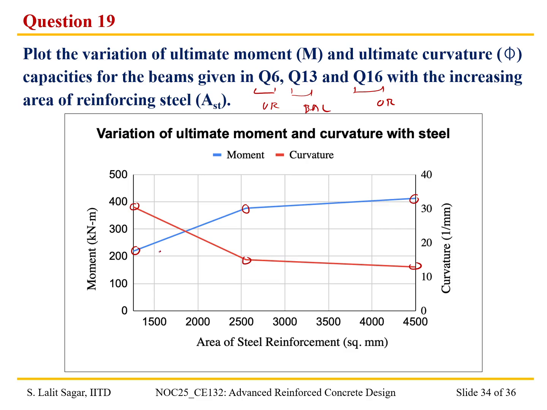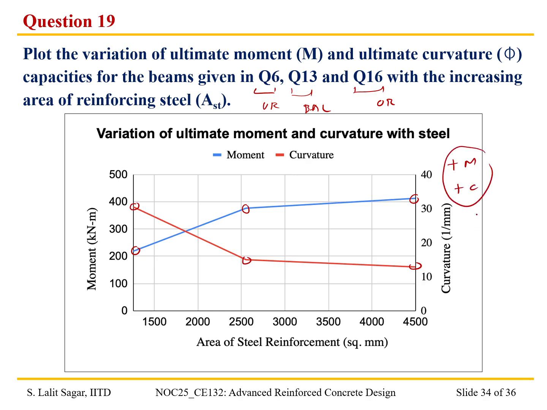So when we increase the area of the reinforcing steel, we can see that the moment capacity increases, which is desirable, but at the same time, the ultimate curvature is getting reduced. Okay, so again, as I already mentioned, we need to increase the moment capacity, but without compromising on the curvature.